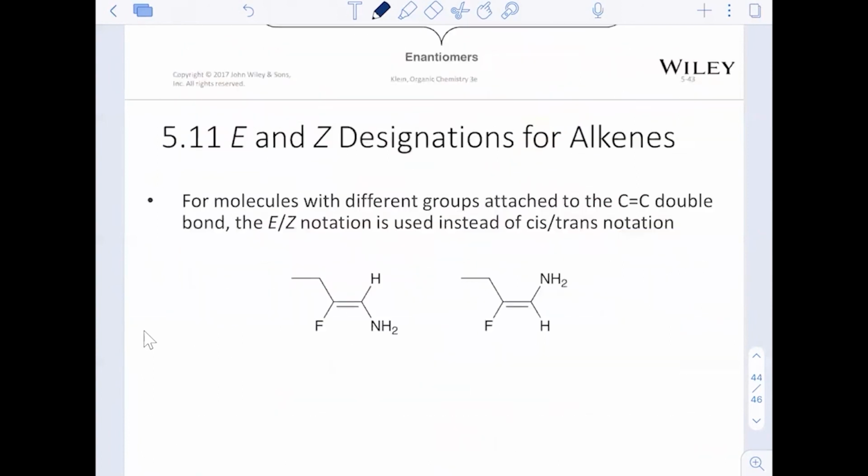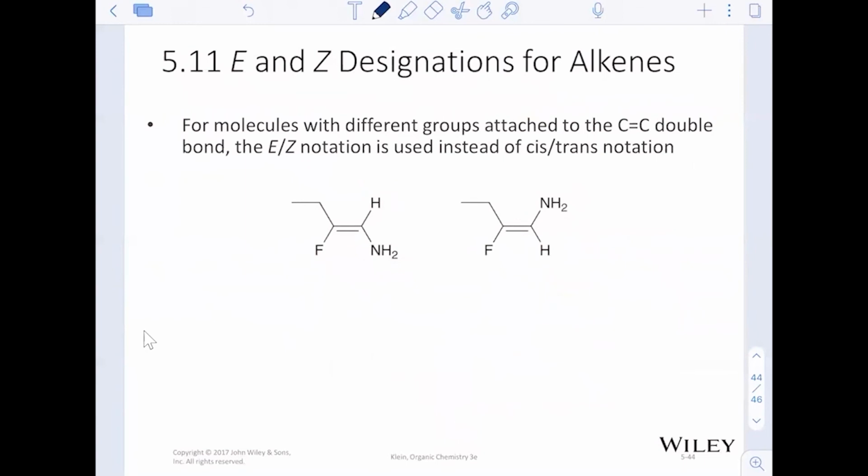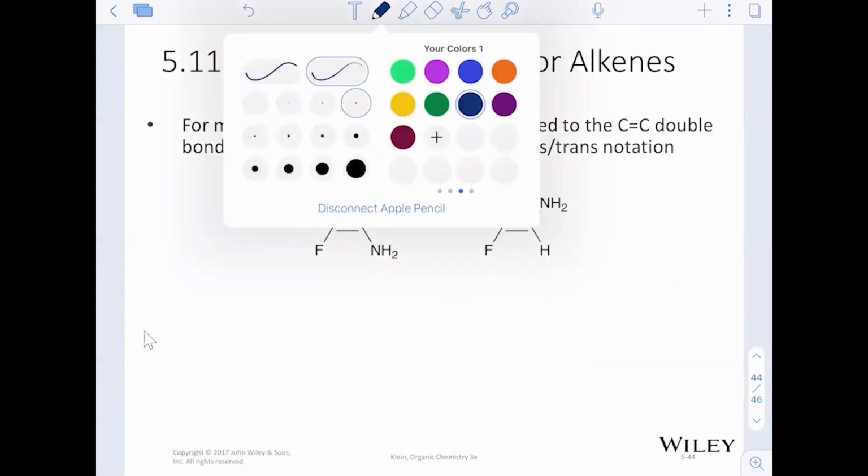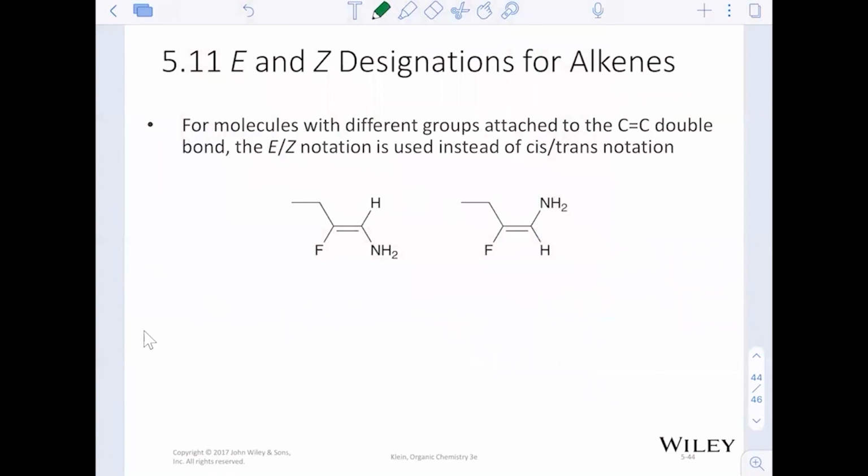Excellent. Now, I hinted toward this at the very beginning of this chapter. For some molecules, cis and trans for a carbon-carbon double bond is inappropriate. It doesn't work because cis and trans is only if you have one hydrogen on each carbon of the carbon-carbon double bond.